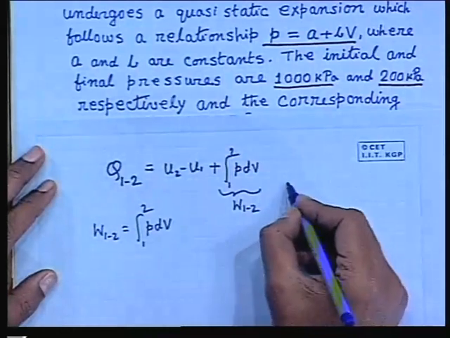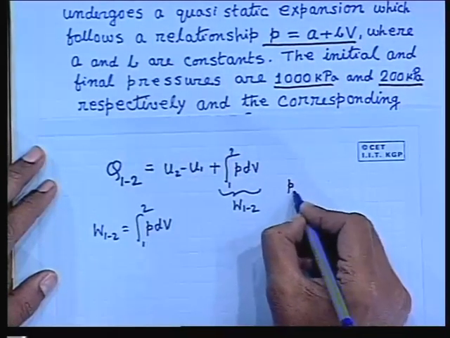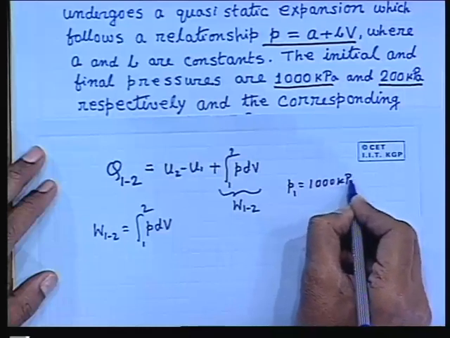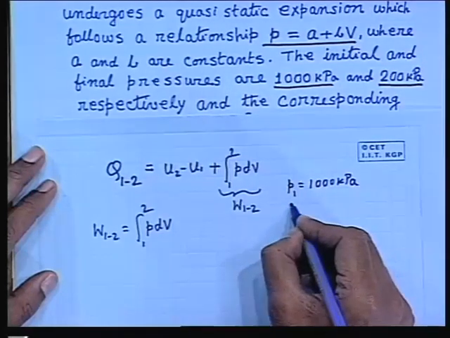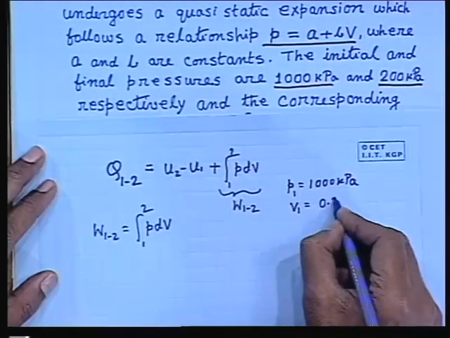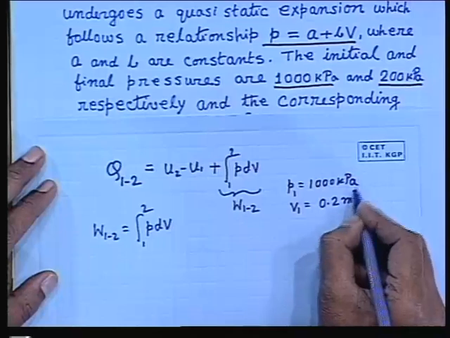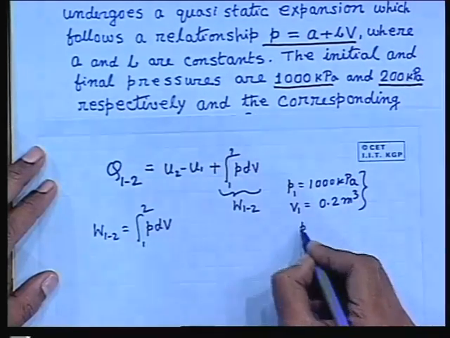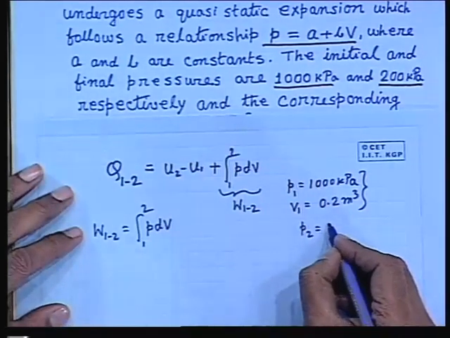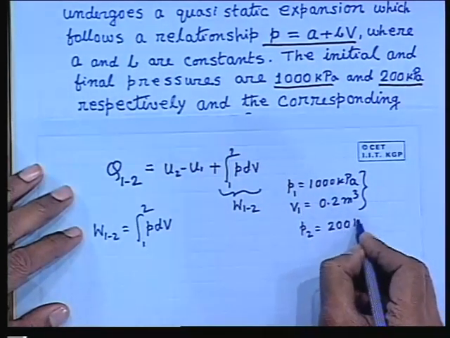That means when P1 is 1000 kilopascals, what is V1? V1 is 0.2 meter cube. This is one set. Another is P2, 200 kilopascals.